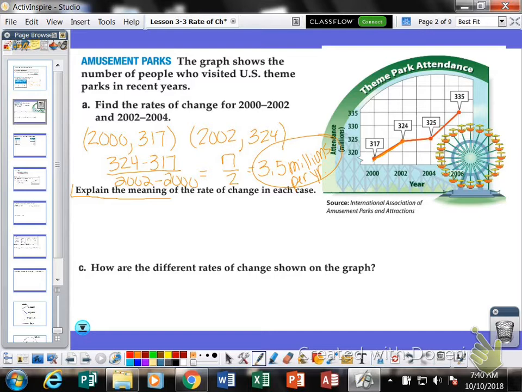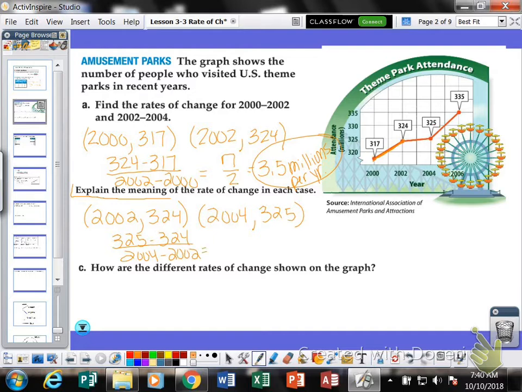So then for the next one, which was 2002 to 2004. So 2002 we said was 324, and then 2004 was 325. So then we have 325 minus 324 over 2004 minus 2002, which is a change of 1 over 2, or 500,000.